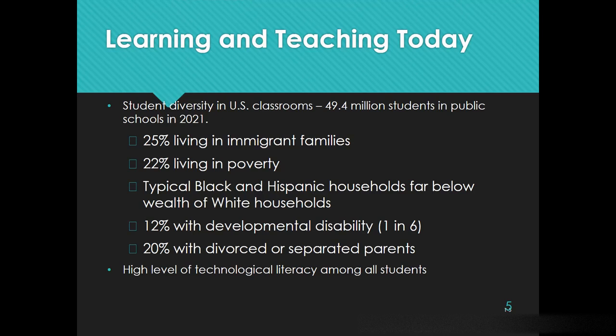Of that almost 50 million students, 25% were living in immigrant families. 22% were living below the poverty line. Typical Black and Hispanic households are far below the wealth of white households. So there's still some economic disparity among the different groups of students that you'll have in your classrooms. 1 in 6 of our public school students have a developmental disability. You're going to learn a whole lot more about that this semester. And then 20% of our students are living with divorced or separated parents.